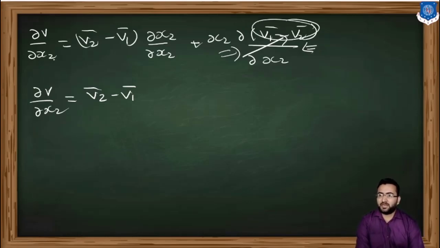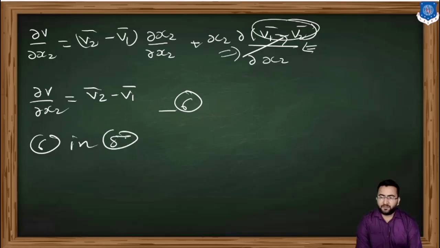So del V upon del x2 is equal to V2 bar minus V1 bar, which becomes our equation number 6.